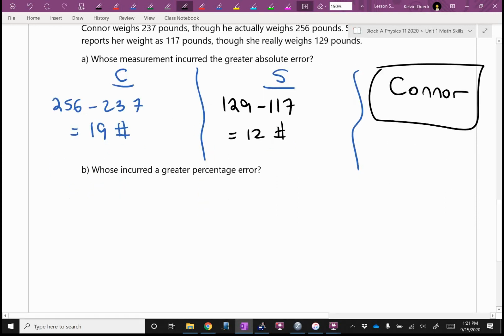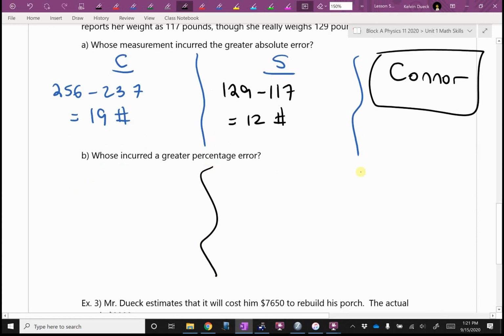So, who had a greater percentage error? I'm going to do the same shtick. Divide my paper into 3. Same abbreves, Connor, Sheila. I'll write percentage for percentage error. And that's going to be 19 divided by which one?